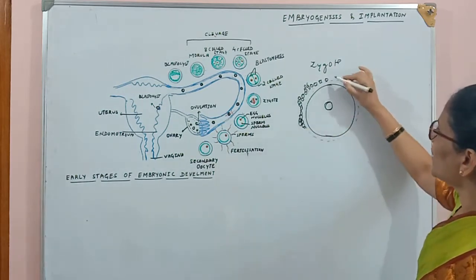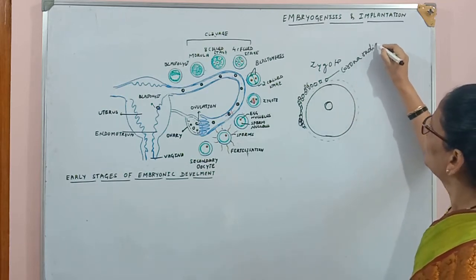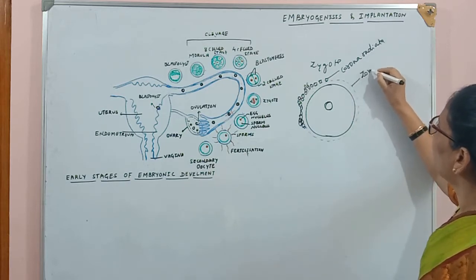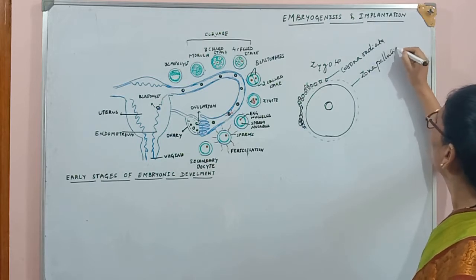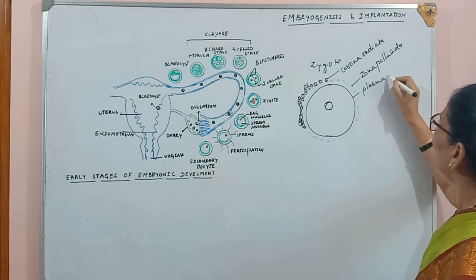So the outermost layer is the corona radiata, the next one is the zona pellucida, and the inner one is the plasma membrane.